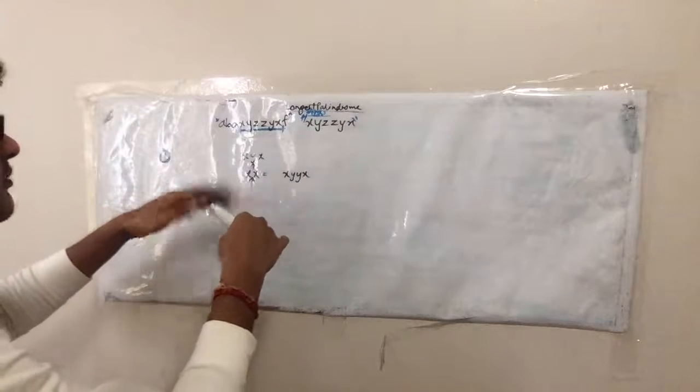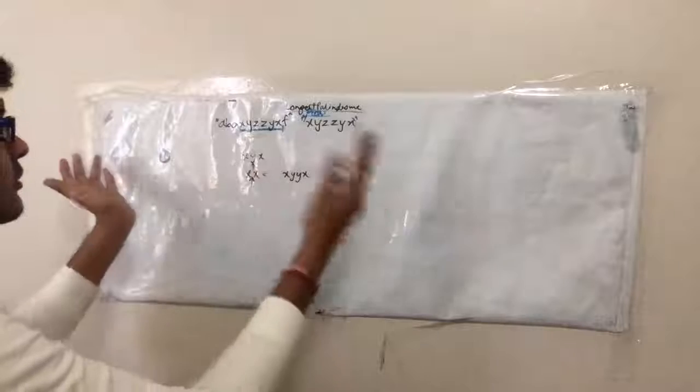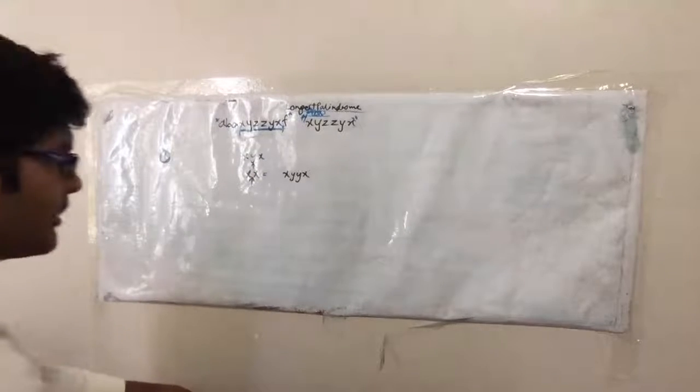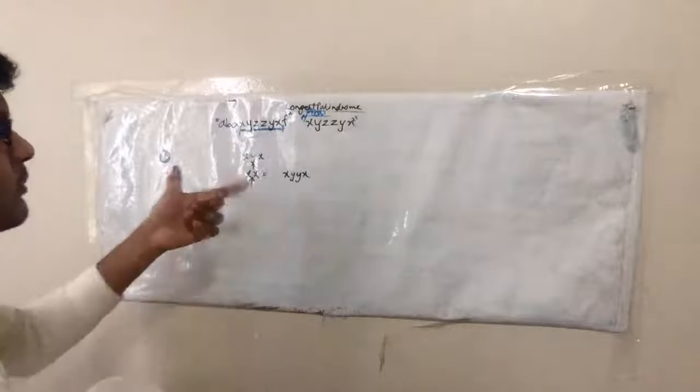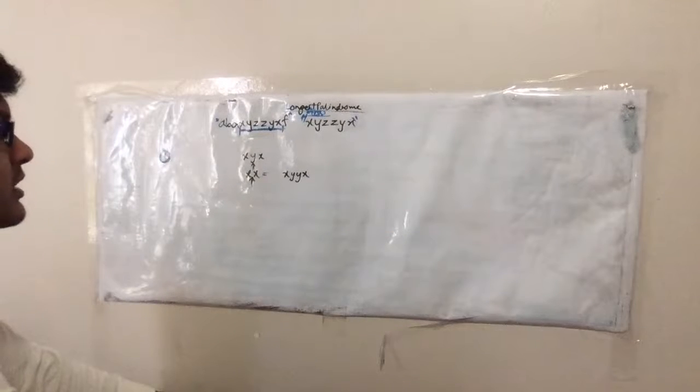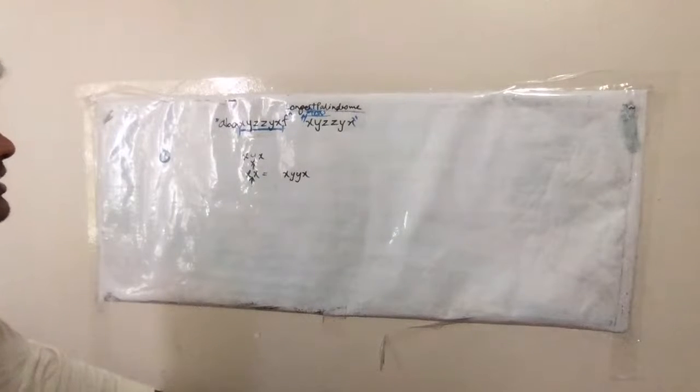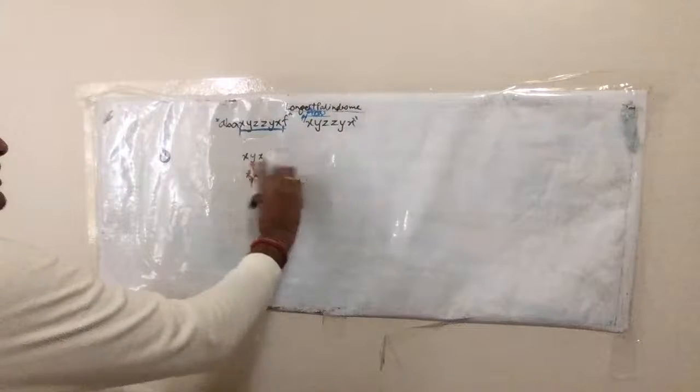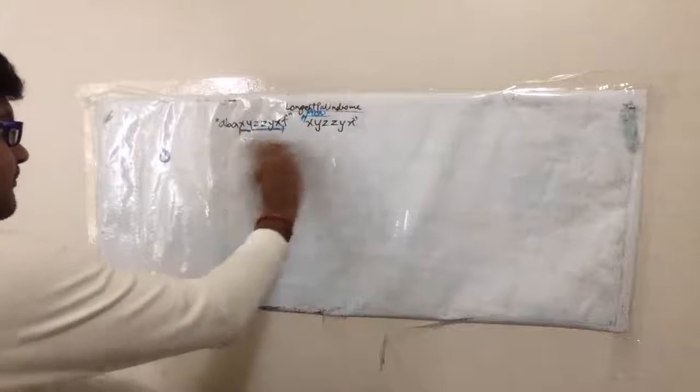So start with the middle and go to left and right. That would reduce the time complexity, and it would bring around n square complexity for the whole problem if you do it that way. Okay.